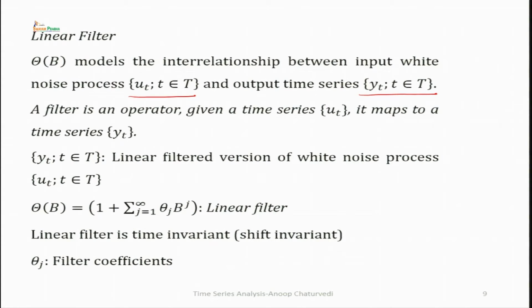So, that is why theta B is called a linear filter, and you can say that y_t is a linear filtered version of white noise process. So, in fact, you started from a white noise process, a purely random process u_t, and then through this linear filter theta B, the time series u_t maps to a time series y_t.